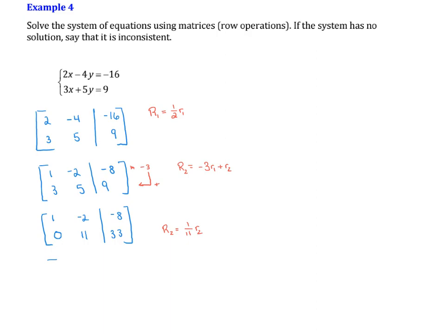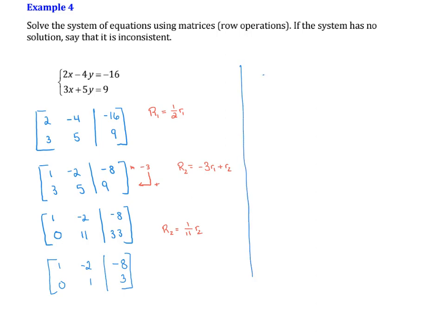And so this yields for us an unchanged row 1, but 0 times 1/11 is 0, 11 times 1/11 is 1, and 33 times 1/11 is 3. Now, this is in row echelon form.